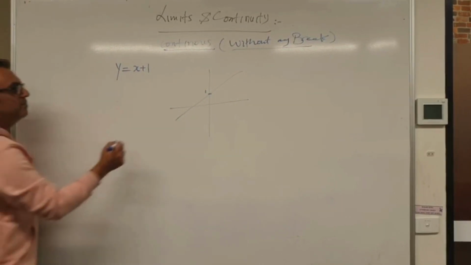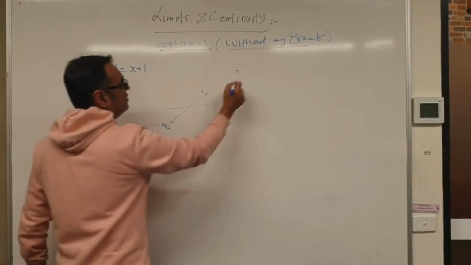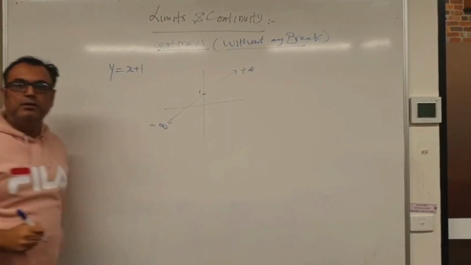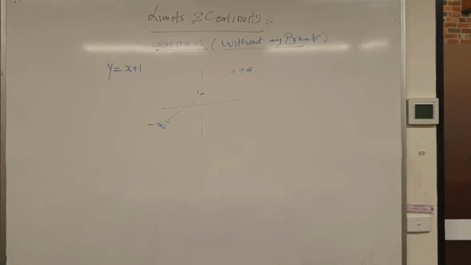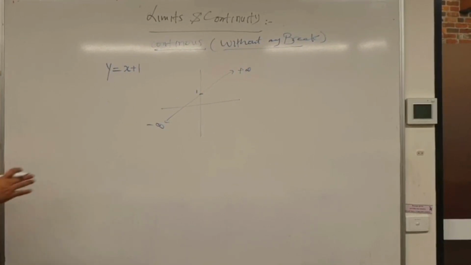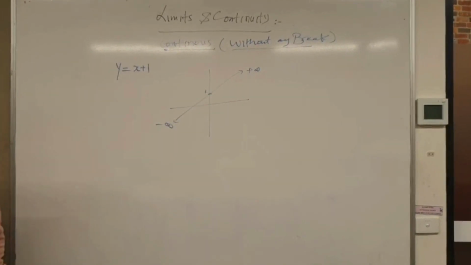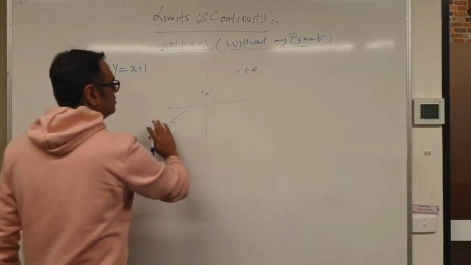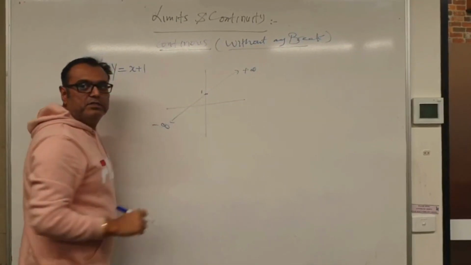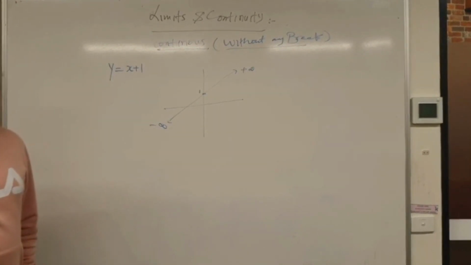This will go towards negative infinity, this will go towards positive infinity. Domain and range are all real numbers for both. When you look at the graph, is there any breakpoint, or is this a single flow of line? It's just flowing through, right? There are no breakpoints. This function is continuous.